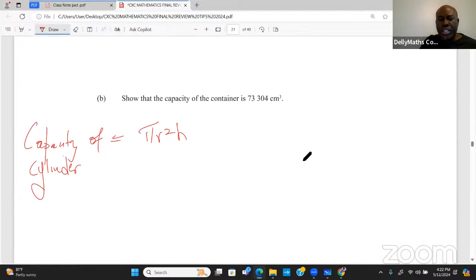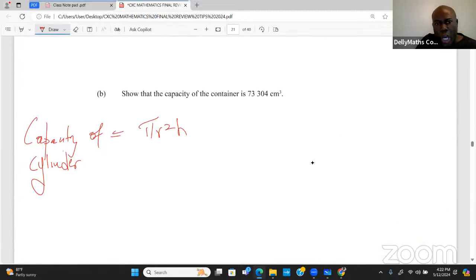So I was told to use 22/7 for pi. Now, remember, it's the small one we're dealing with where the radius is 14. So what we're putting on here is 22/7, which is pi, times r, which is 14 squared, right? So if you want to put 14 times 14, that's fine, times the height, which is 119. Remember that it did not touch the ground, so you have to lift it off.